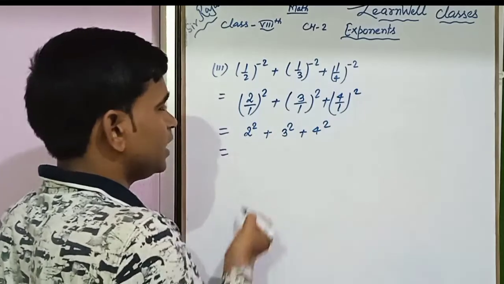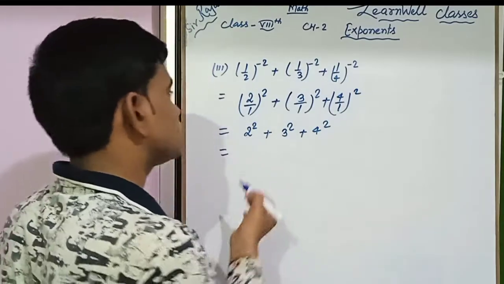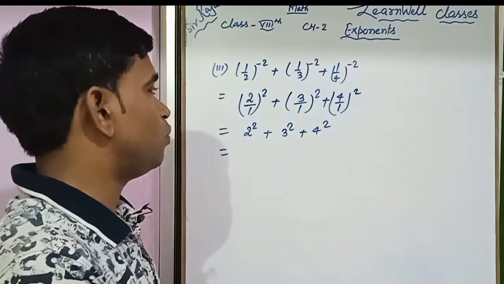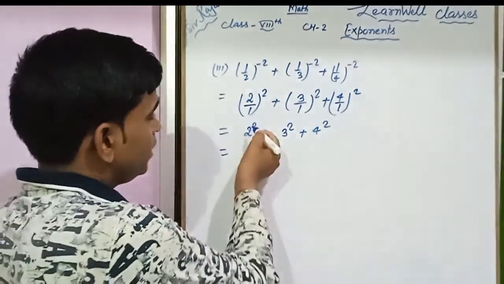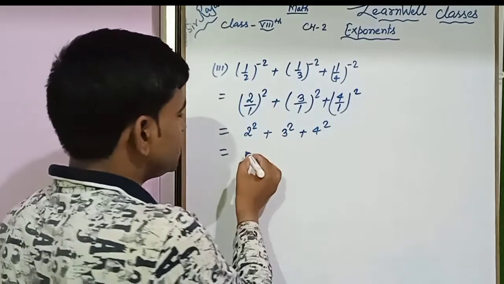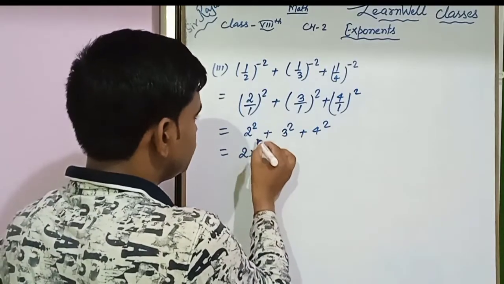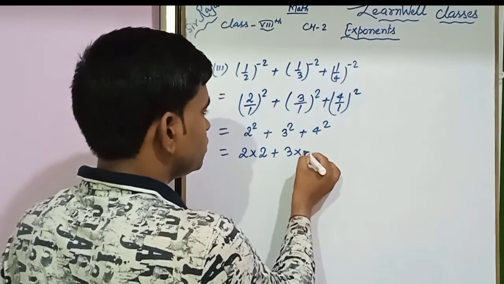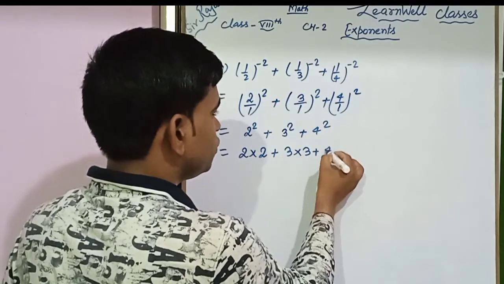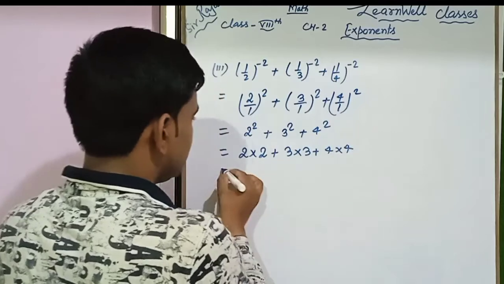We know that when the exponent is 2, the number is multiplied 2 times. So 2 into 2 and 3 into 3 plus 4 into 4.